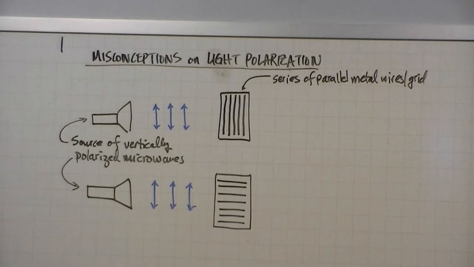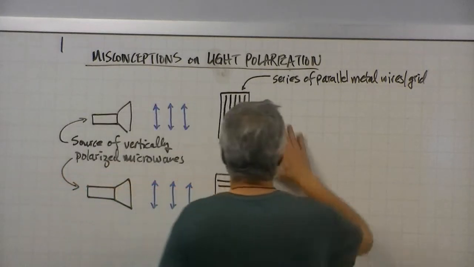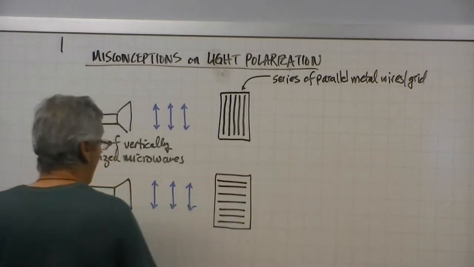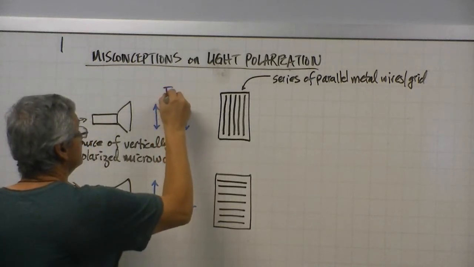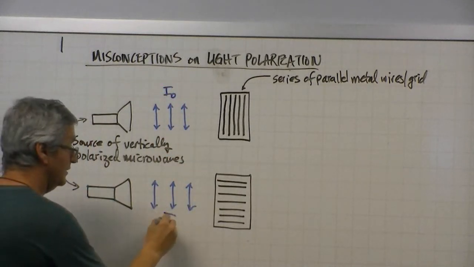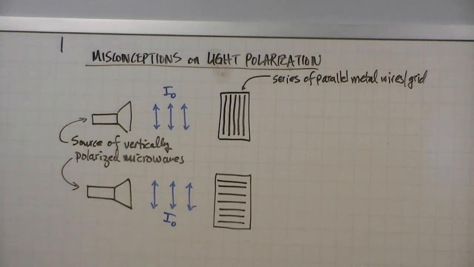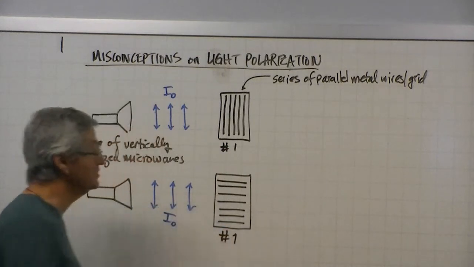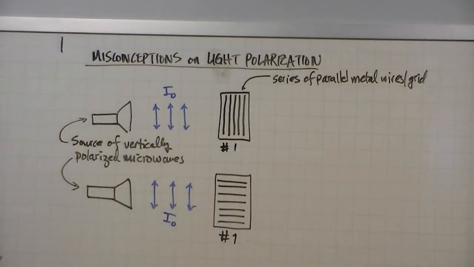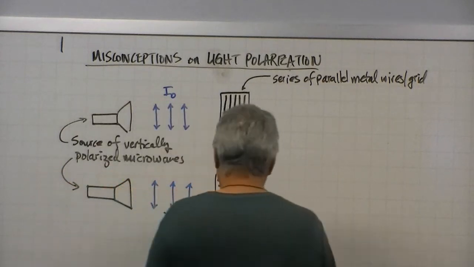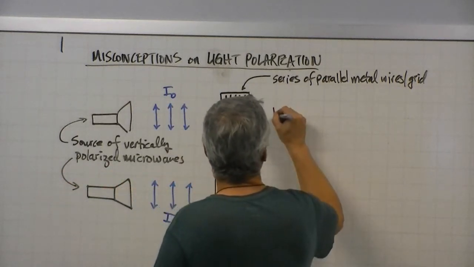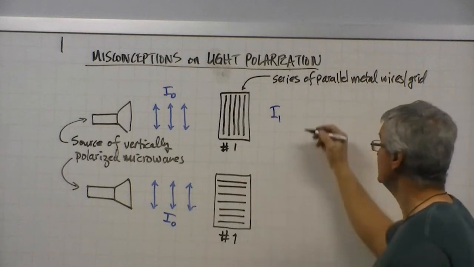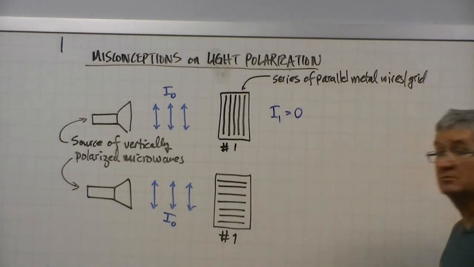But it turns out with electromagnetic waves, the opposite happens. When light comes in here, let's say this is the initial light, and I'm going to call this polarizer number 1 for notational purposes, the light intensity after polarizer 1 is essentially 0.